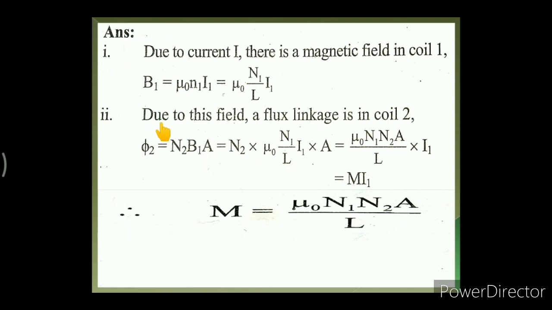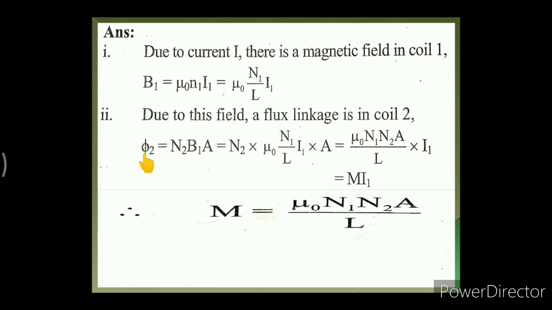Then due to this field, a flux is linked with coil 2, and hence we write phi 2 as N2 B1 into A. The flux is linked with coil 2, that's why we consider the number of turns in the secondary coil, and this flux is linked due to the field B1.